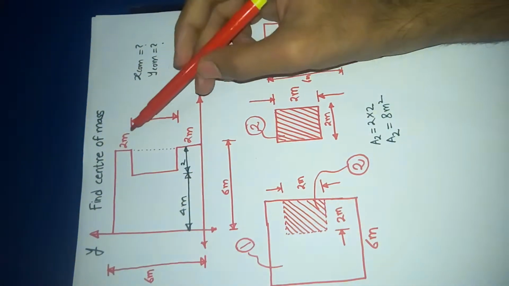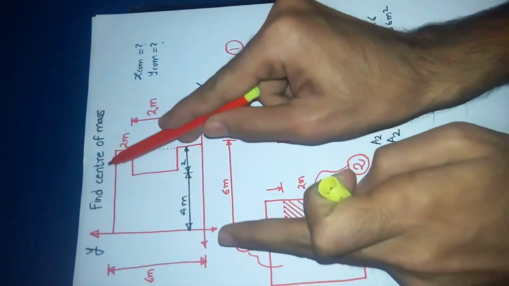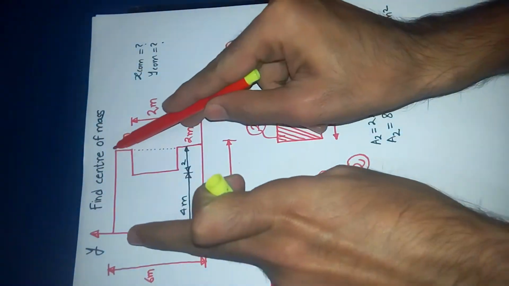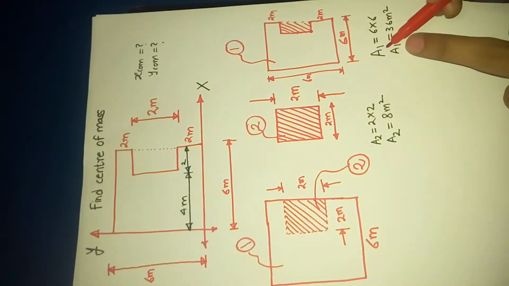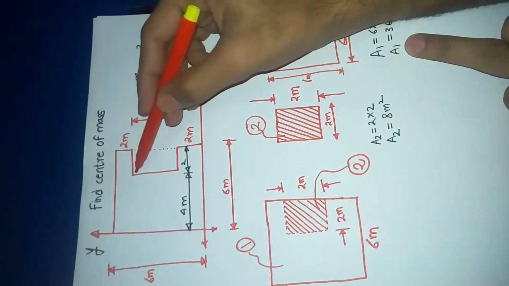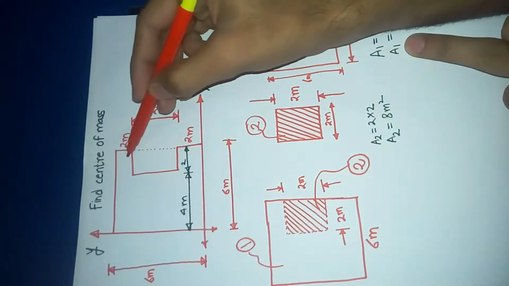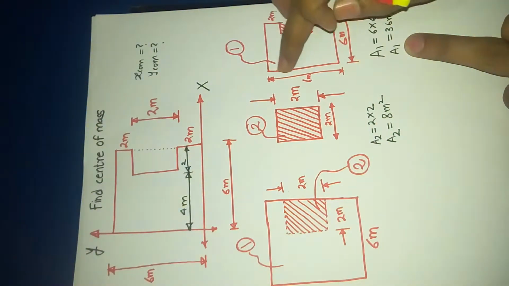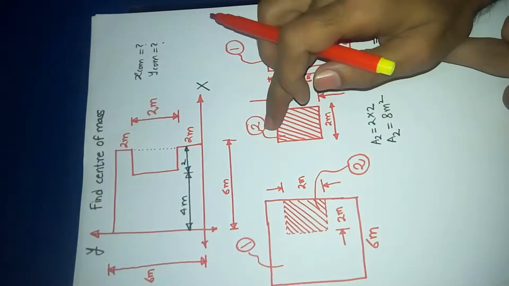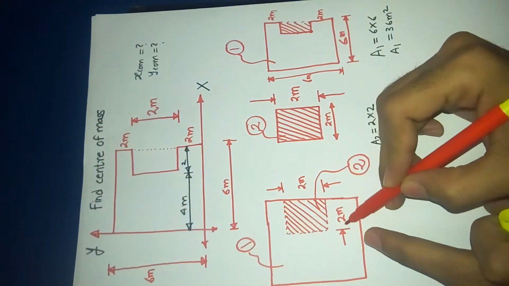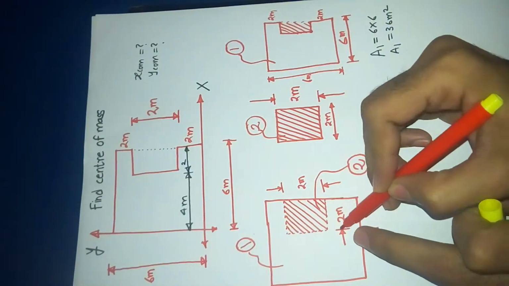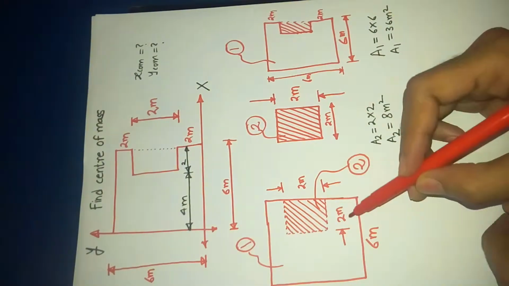I have taken this whole 6 by 6 square as A1, object 1, and this small portion which we are taking out from the whole as the second object, and we know the dimensions of each part of the object.